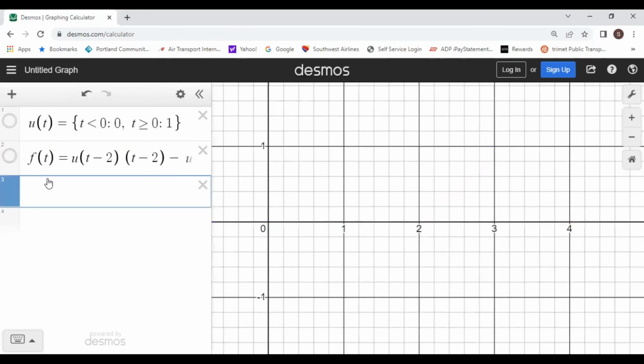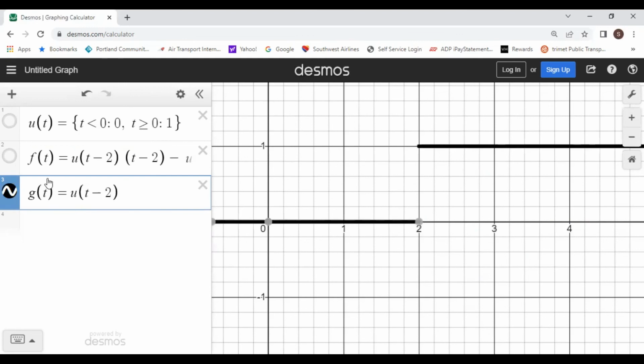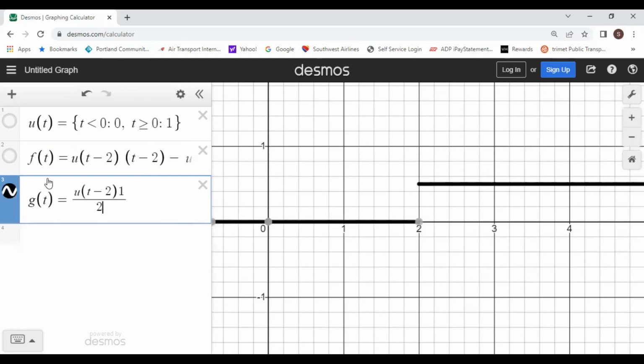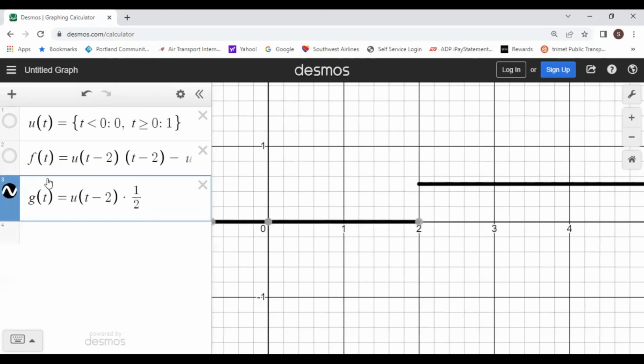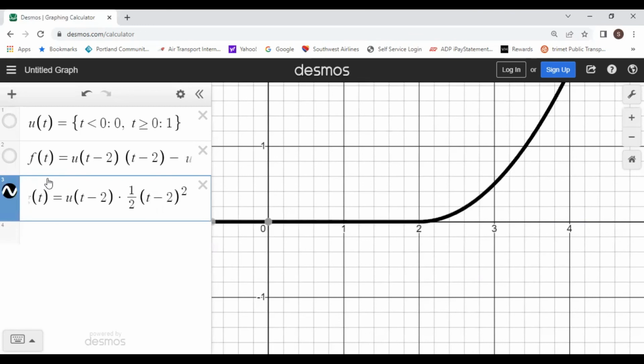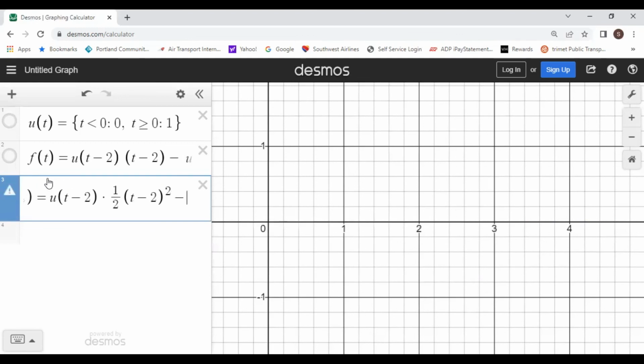Okay, now let's just graph our solution here, which we'll just call g of t just to give it a different name. So our solution was u2, so that would be u t minus 2 times 1/2 parentheses t minus 2 squared. All right, and then minus u of t minus 3.